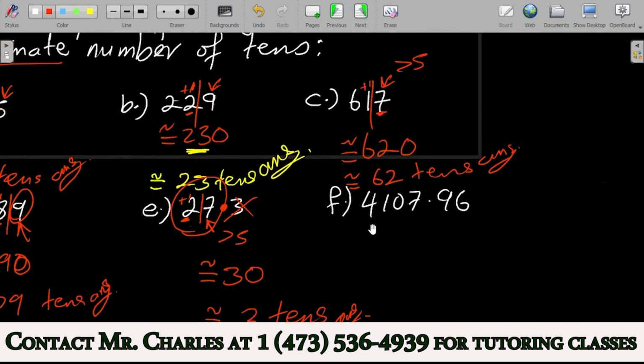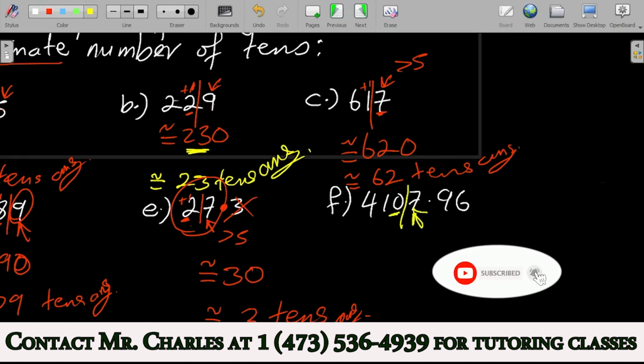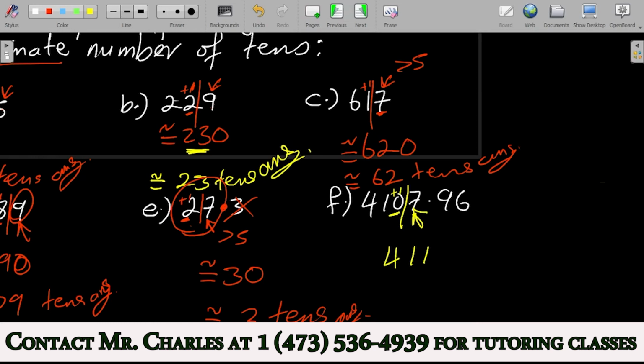For F, we have 4107.96, and the digit in the tens place is 0. Okay, so our line has to come here, and this 7 here is greater than 5, so we have to add 1 to the 0. So we get 4110, because we have to drop the 0.96.